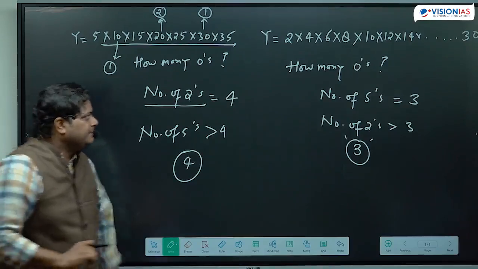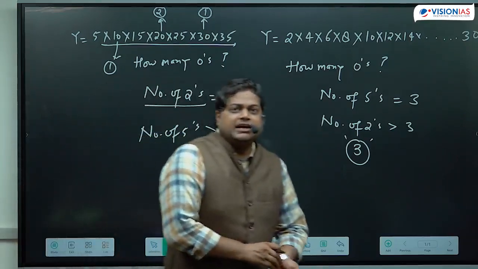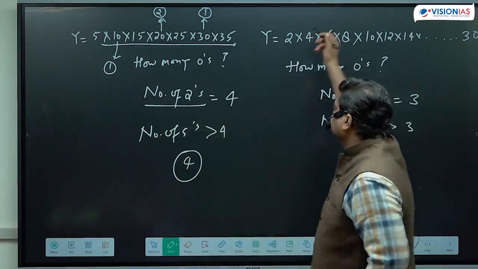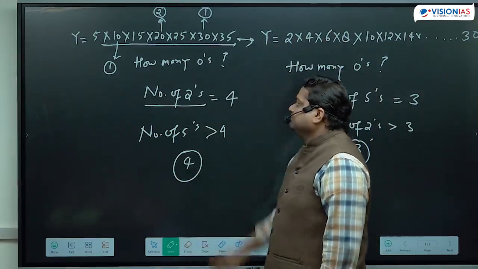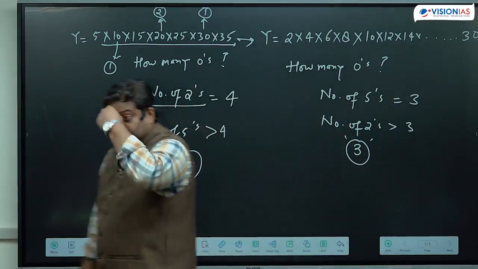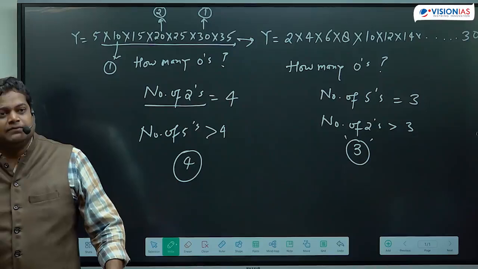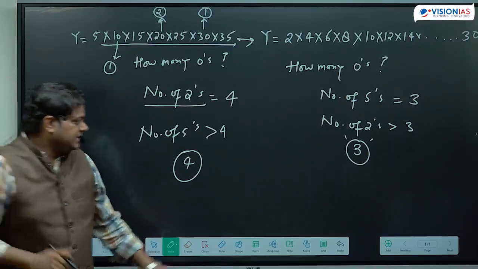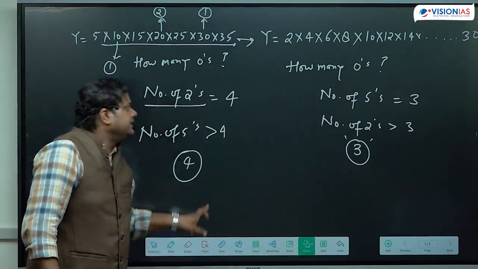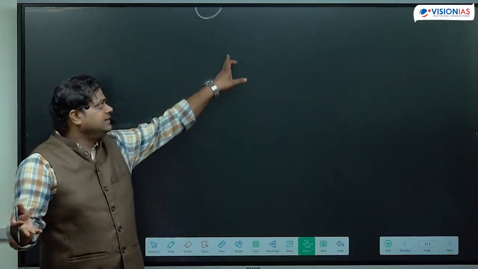ठीक है? If it can go till thousands, तो ऐसे नहीं पूछता है. For that they write this way. Last year ऐसा question एक पूछा था. Not last year, this year itself.